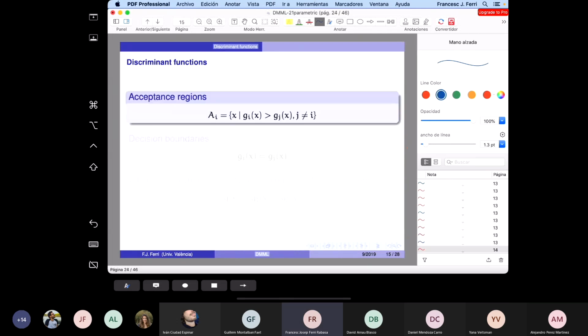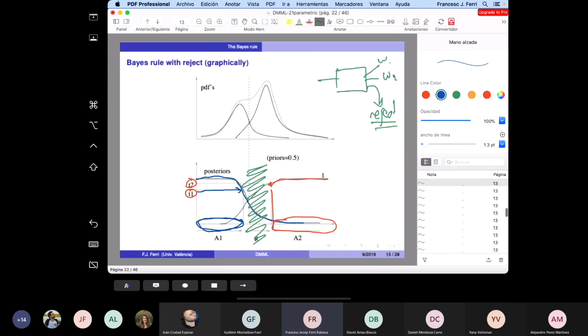Some definitions: we call acceptance regions the regions that correspond to each class. Graphically, here, for example, this would be the acceptance region for class 1, and this would be the acceptance region for class 2.